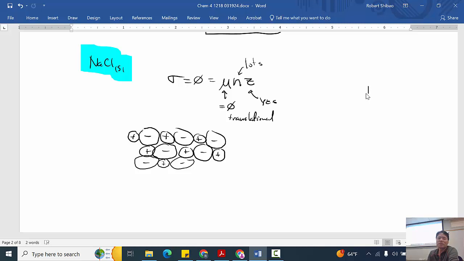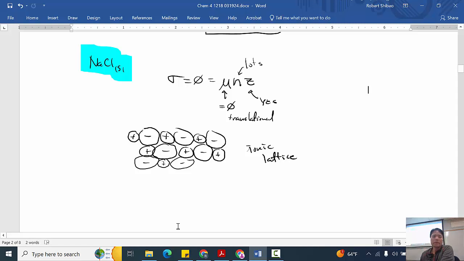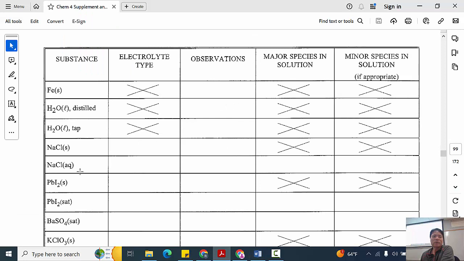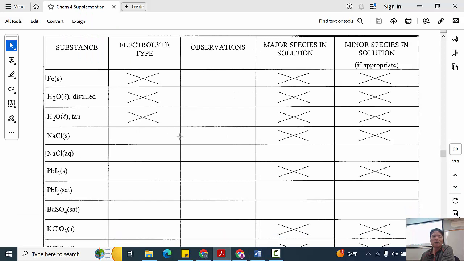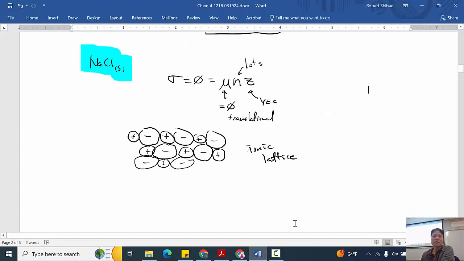If there's zero translational motion, there's no conductivity. And so we call this an ionic lattice structure, or a crystal lattice, or an ionic crystal lattice. How can I free up the ions? And so let's take a look at what we're doing next. The next one we're doing is NaCl(aq). So let's take a look at that.